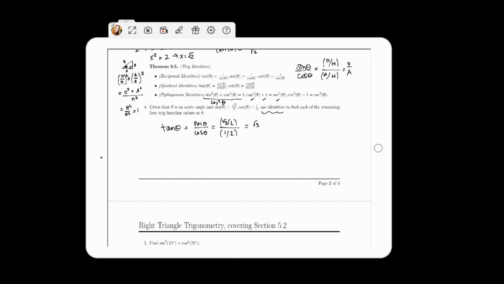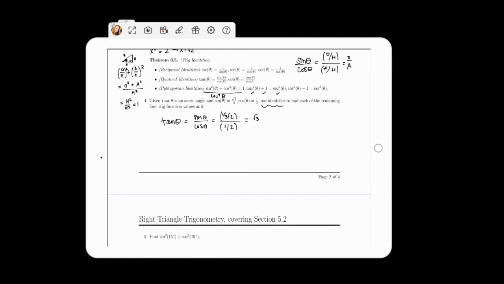Okay, and then once I have sine, cosine, and tangent, I can use the reciprocal identities to get all of the other ones. So I know that cosecant is the reciprocal of sine. So cosecant equals 2 over √3. I know that secant is the reciprocal of cosine.